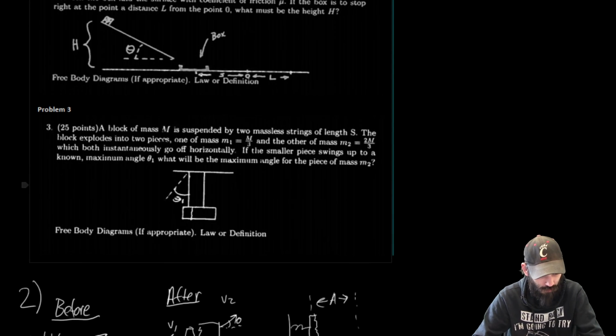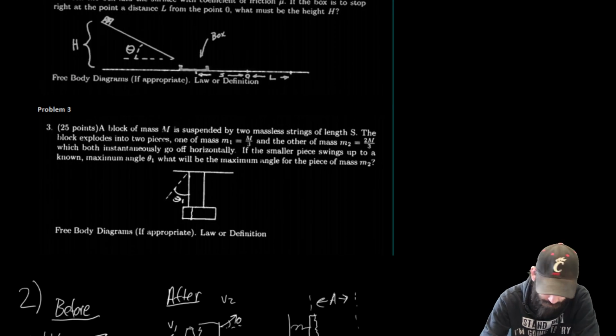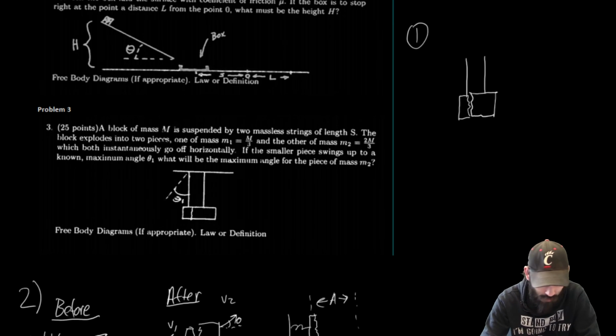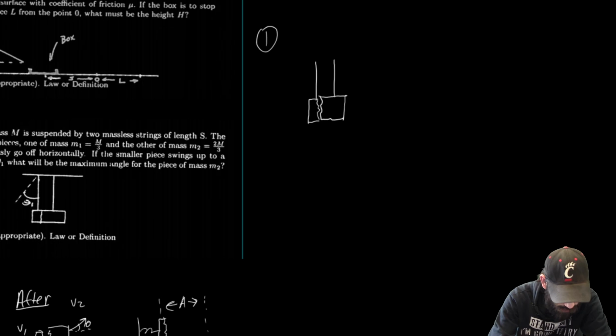Okay, so here are our strings. We're drawing the initial state here. Call this one state 1. Kind of boring, nothing's happening. So this is going to be just at rest.